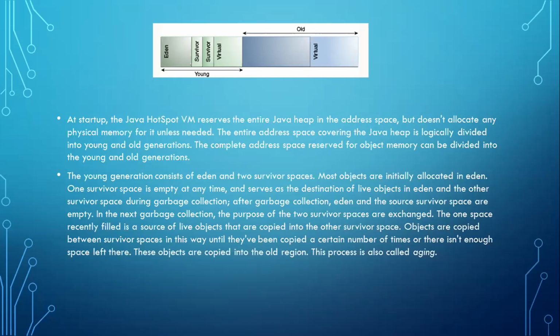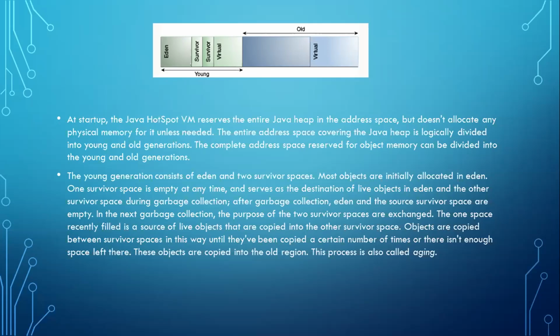I'm repeating: based on the generational hypothesis, which shows that most objects die young, Sun's engineers came up with the idea of dividing the whole heap into two areas called young generation and old generation. Young generation is meant for newly created objects, and the old generation is meant to store those tenured objects which have survived multiple garbage collection cycles. Okay.